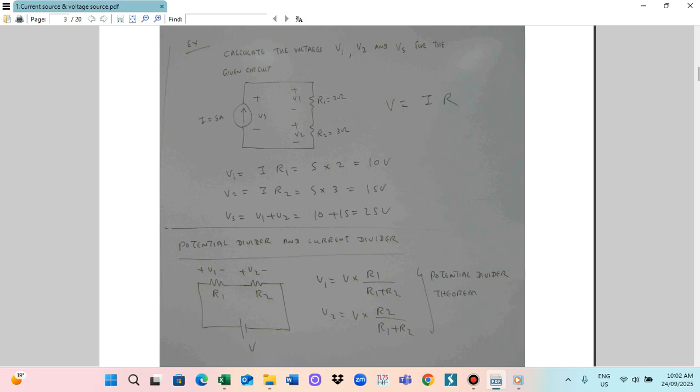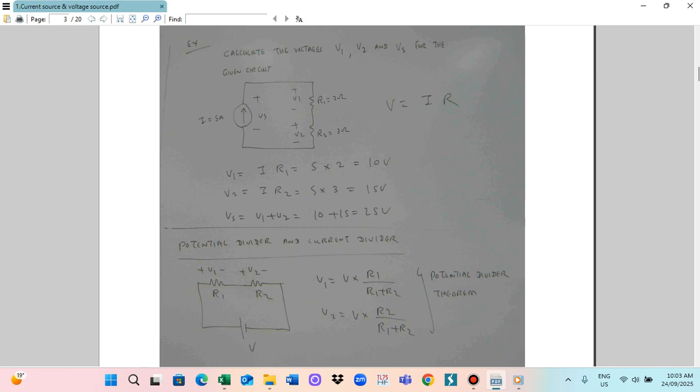We use the formula V equals I multiplied by R, according to Ohm's law. So V1 is 5 ampere multiplied by 2, which is 10 volt. And V2 is equal to I multiplied by R2, 5 ampere and 3 ohm, so this is 15 volt.